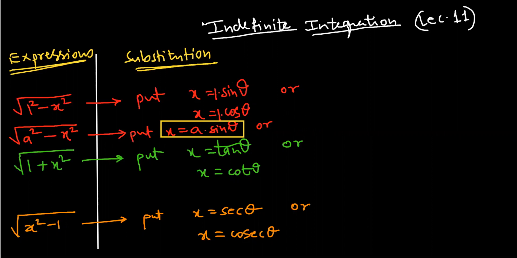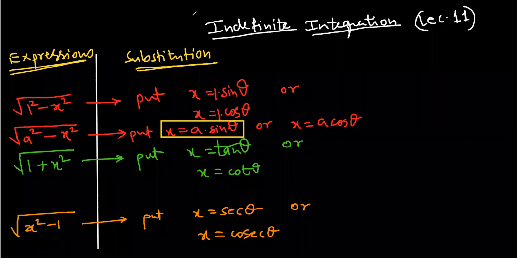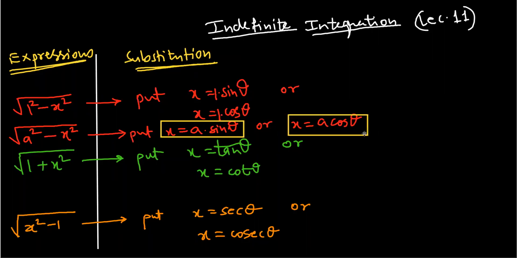So here, x is equal to a sine theta or x equals a cos theta, and yes, it is going to work. So how does it work? Let me now show it to you. When I have square root of a square minus x square, I put x as a sine theta. See how it works.